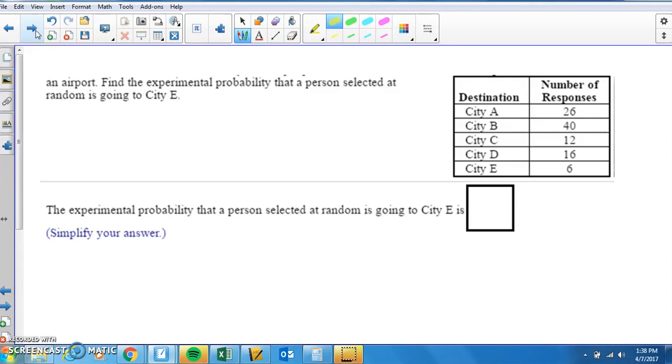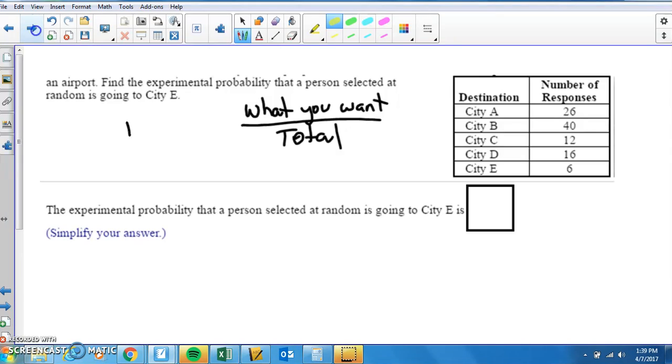All right, our next one. In an airport, we want to find the experimental probability that a person selected at random is going to city E. So again, it is what we want over the total.